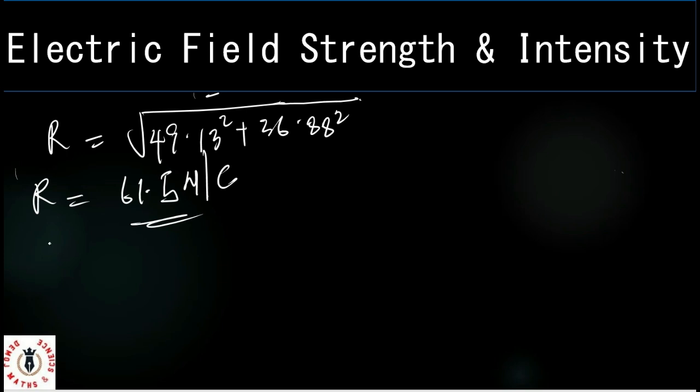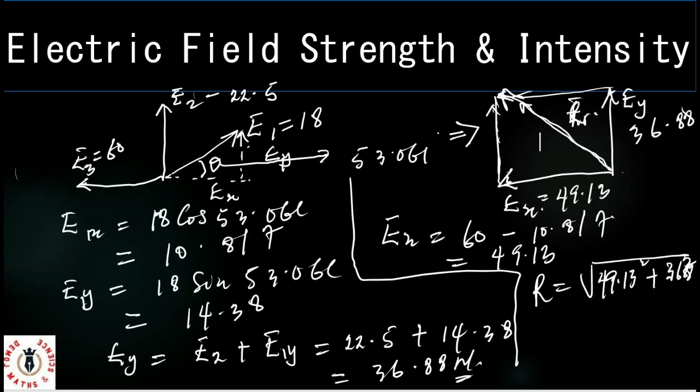With respect to its angle, we can pick the cos of theta. Here's theta. We've gotten R here to be 61.5.